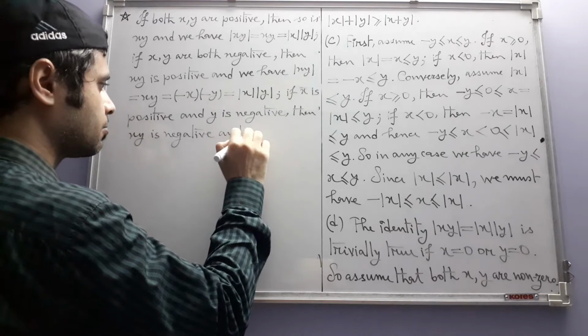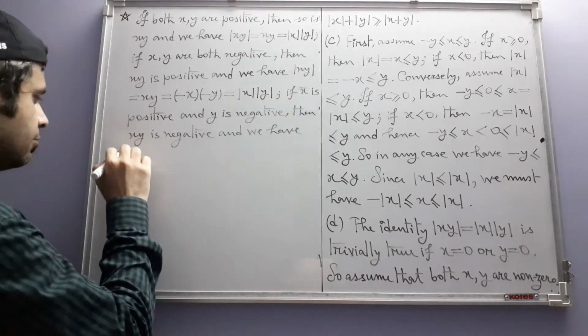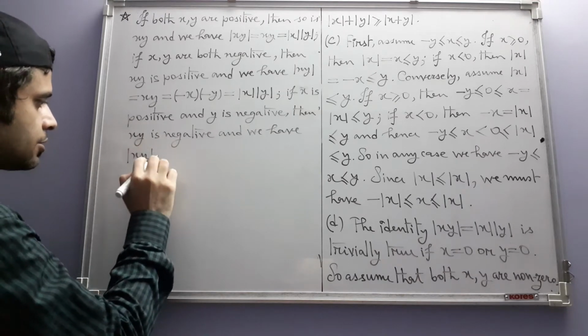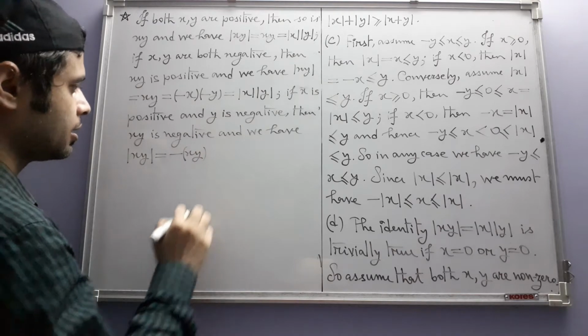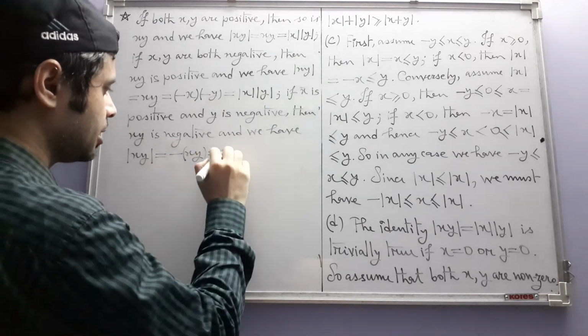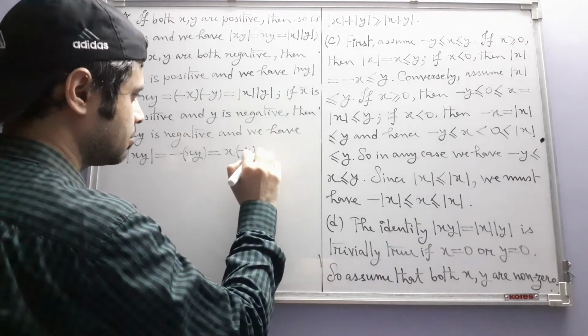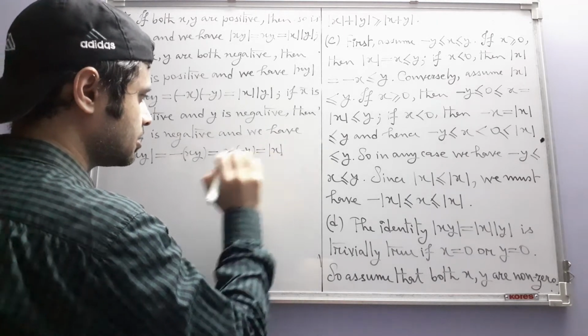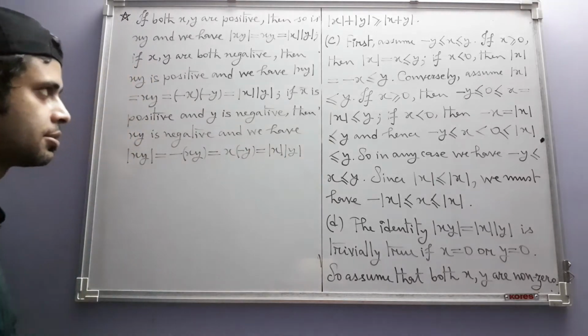And we have, now because xy is negative, this is equal to minus of xy, which can be written as x times minus y. X is positive, so this is equal to absolute value of x. Y is negative, so we have this.